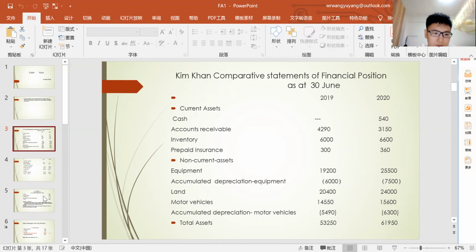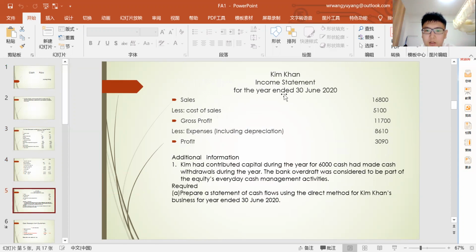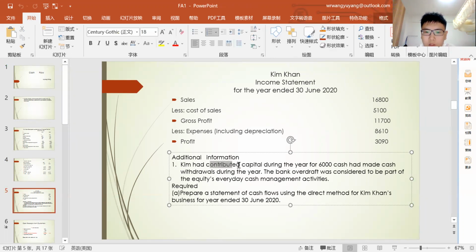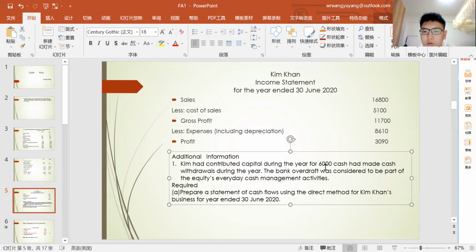And we can see the income statement for the year ended 30 June 2020. This income statement is very important. And we now have additional information: the contributed capital during the year was 6000 cash.